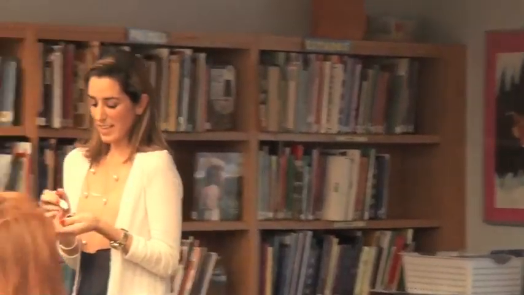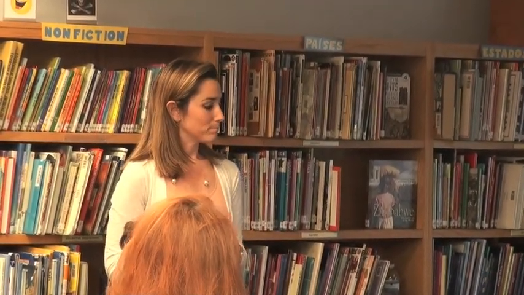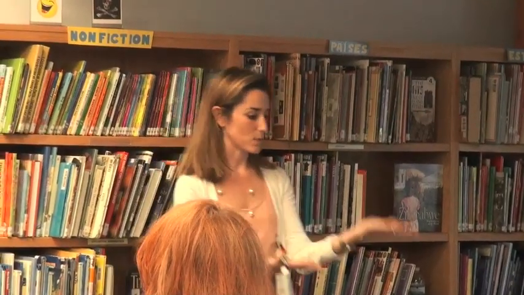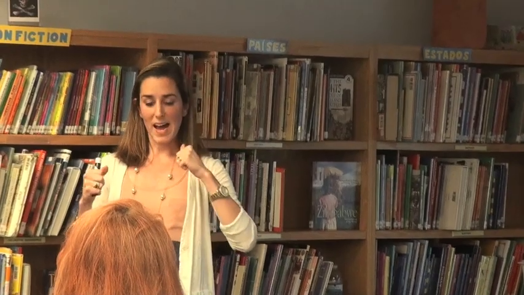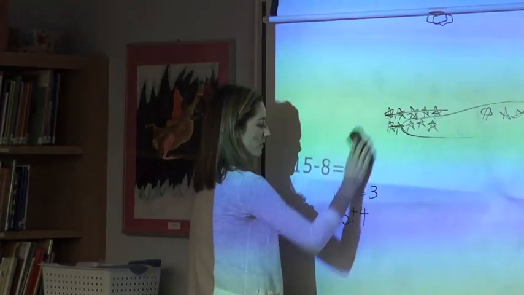So that's, like I said, with subtraction, it is kind of different, adding it back on. But if we show it to them like that, we use our pockets and we use our manipulatives, it's going to come. So why don't you try 15 minus 8 on your own by using branching.